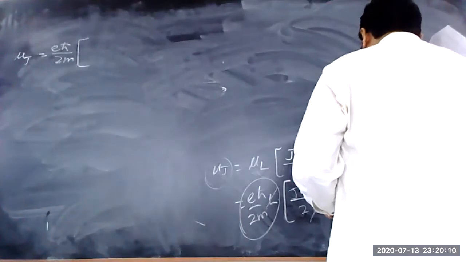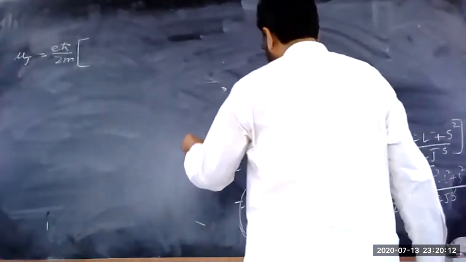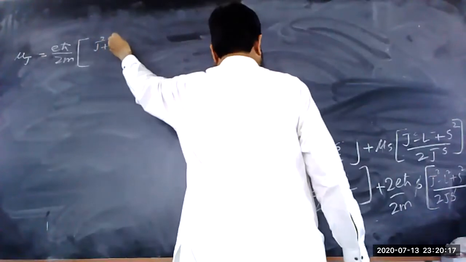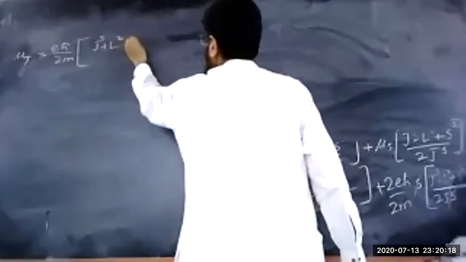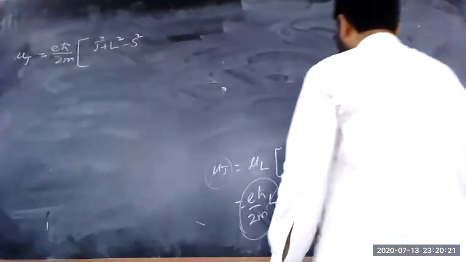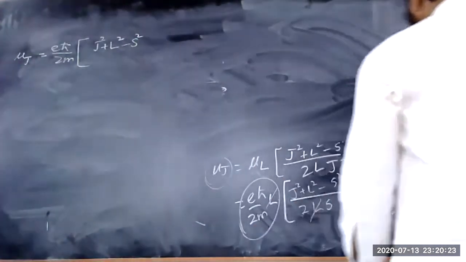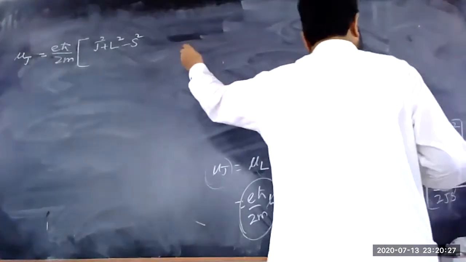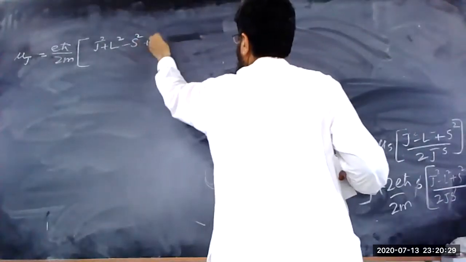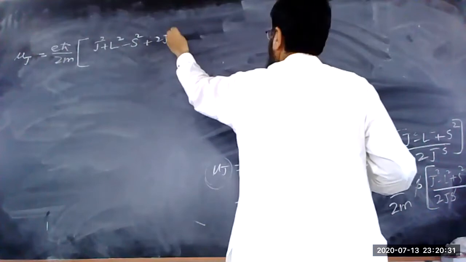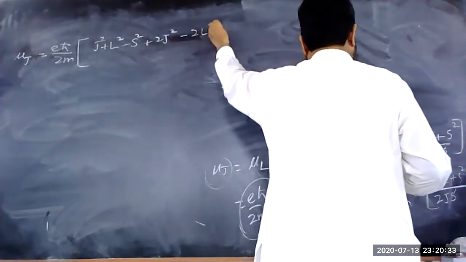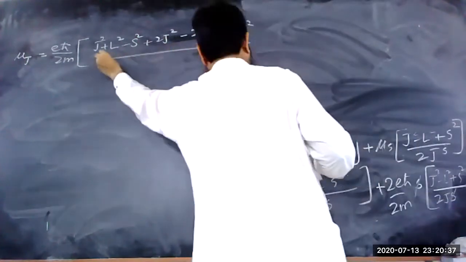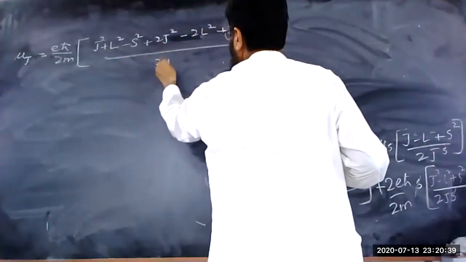So here this becomes J square plus L square minus S square plus 2J square minus 2L square plus 2S square upon 2J.